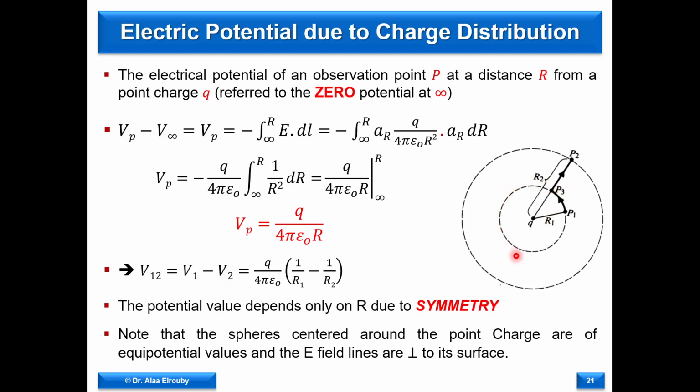So any surface of a sphere that has its center at the point charge will be a surface of equipotential. A surface of equipotential means that the electric field is perpendicular to that surface, which is what we found out in the previous lecture. The electric field is in the a_R direction, which is normal to the surface of a sphere.